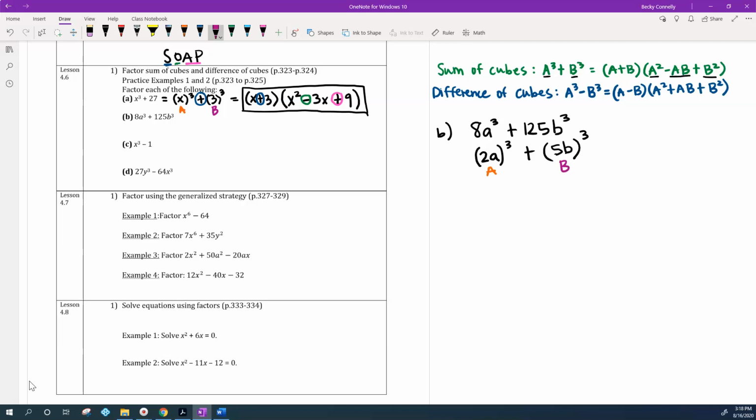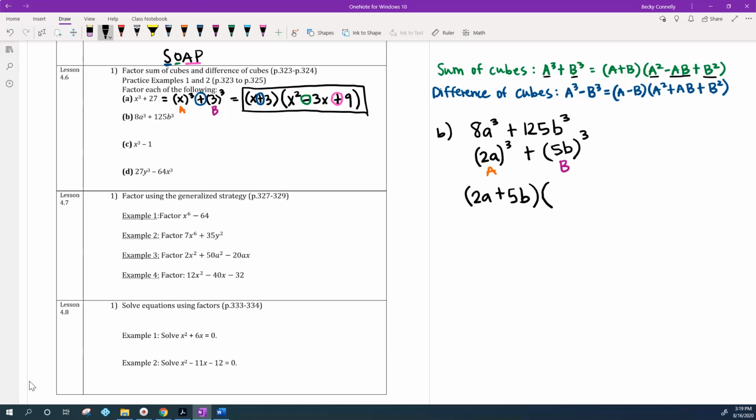Again, it's connected by addition, so I'm going to use the sum of cubes to write this in factored form. In my first parenthesis, it needs to be A plus B, so that's going to be 2a plus 5b.